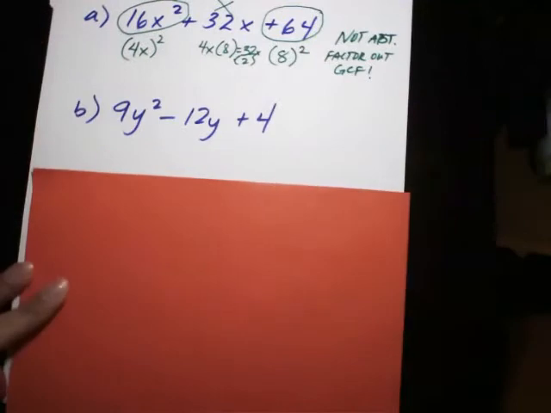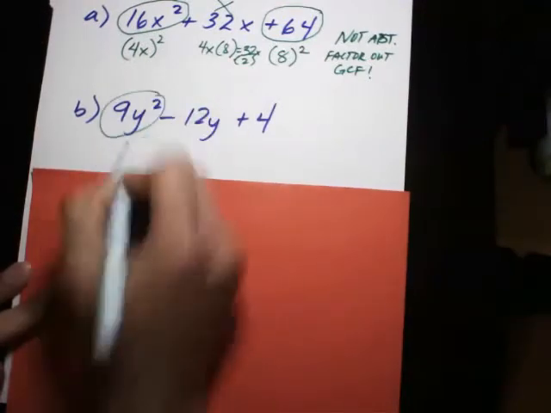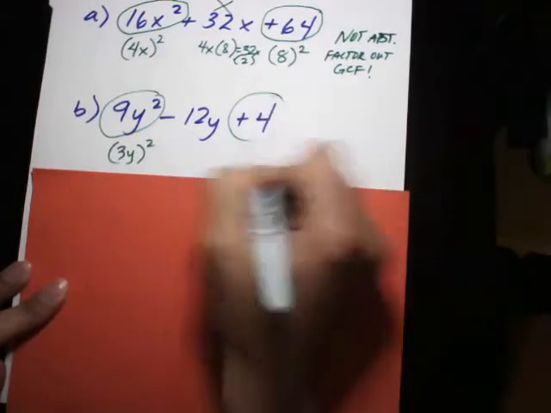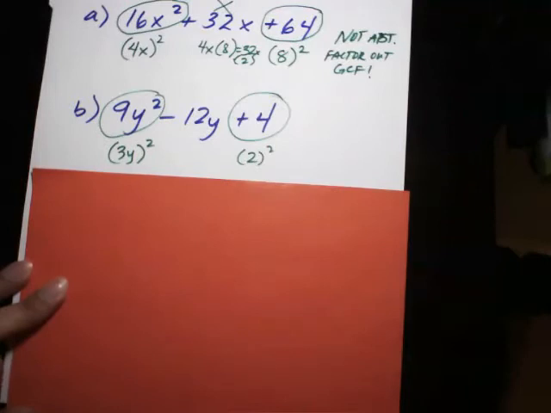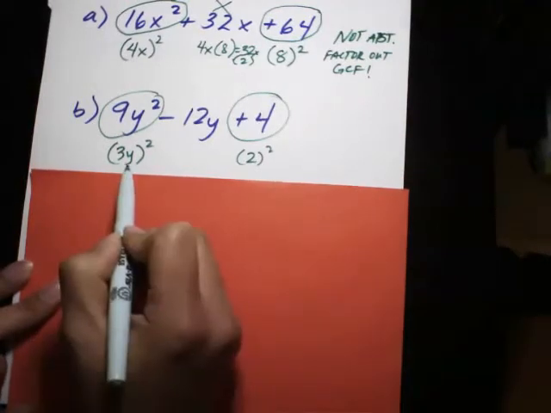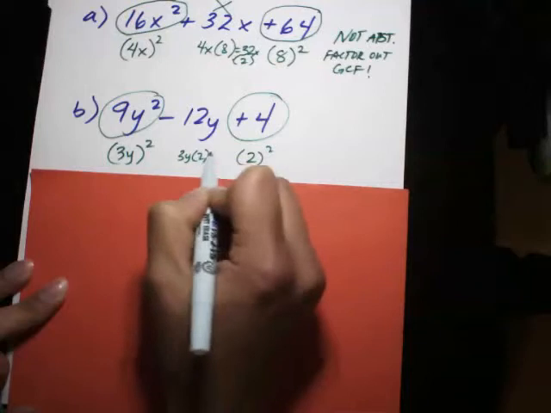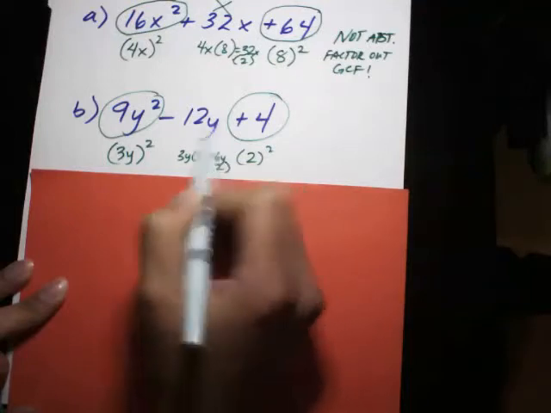Let's look at B. First term, 3y squared, that's okay. Last term, 2 squared. All right, so far so good. 3y times 2 gives us 6y. Double that, we would have 12.